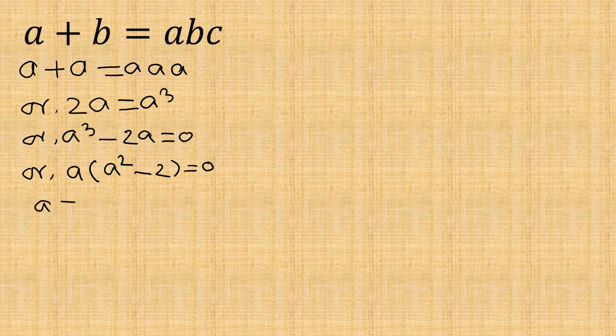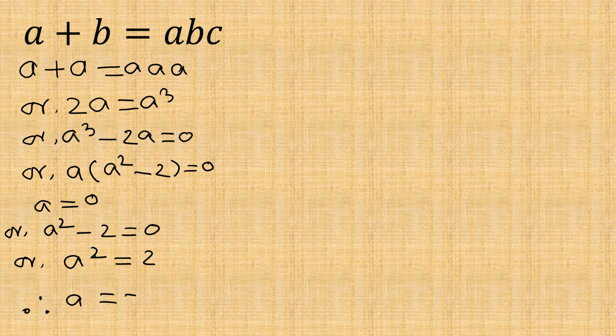Now either A is equal to 0 or A square minus 2 is equal to 0, or A square is equal to 2. Therefore, A is equal to plus minus square root of 2. So we get the three values of A. A is equal to 0, A is equal to plus root 2, and A is equal to minus root 2.